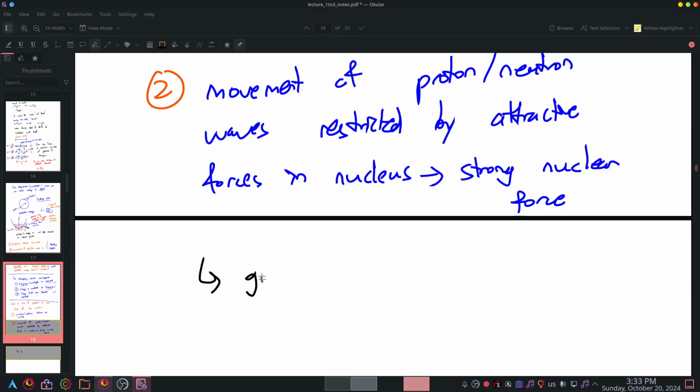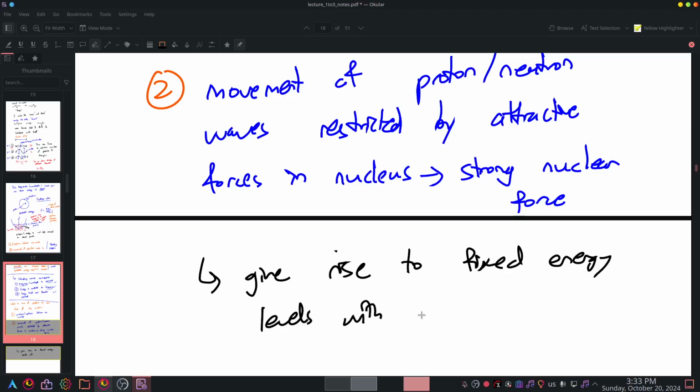A common thing you will see in quantum physics is that most of the time energy levels are in some sort of fixed, or what we call quantized, amounts.